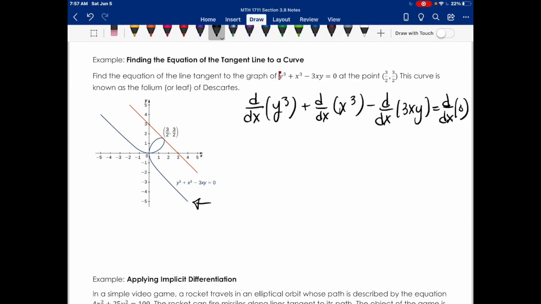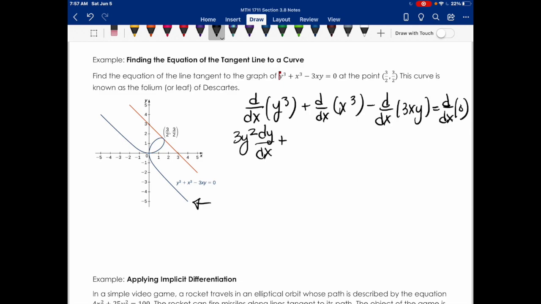Okay, when I take the derivative of y to the third, that's going to be 3y squared. But because I took the derivative of y, I have to multiply by the derivative of y with respect to x because of the chain rule.